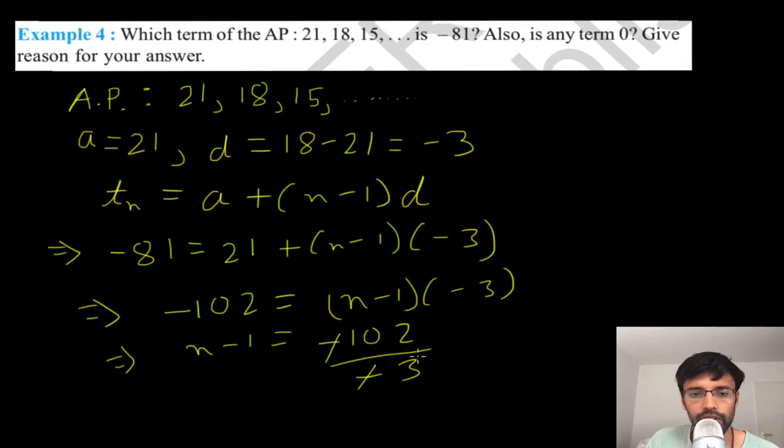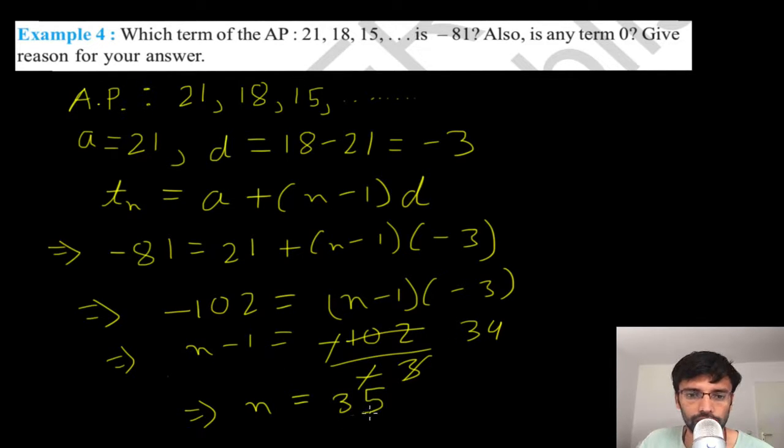If we divide this, we get 34. Okay, so therefore we have n is equal to 34 plus 1, that is 35. Therefore the 35th term of this AP is minus 81. We can also check this.